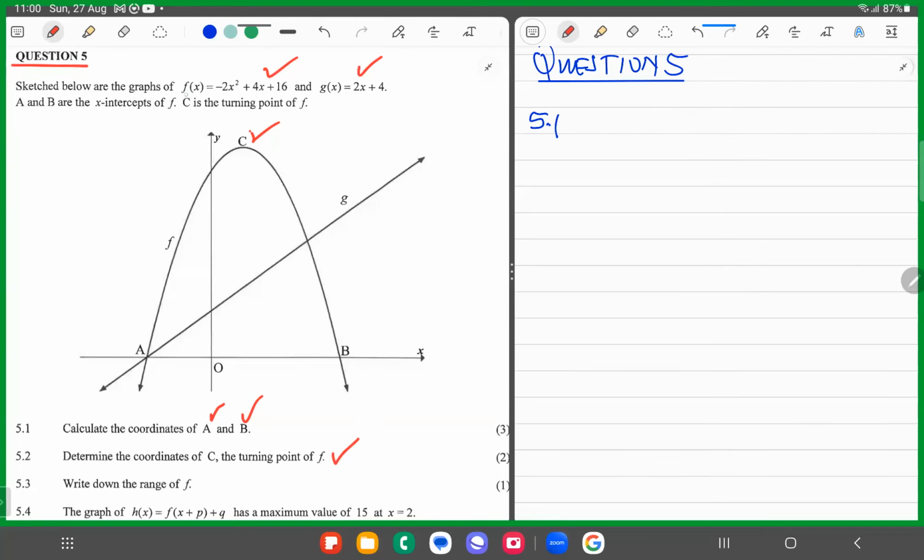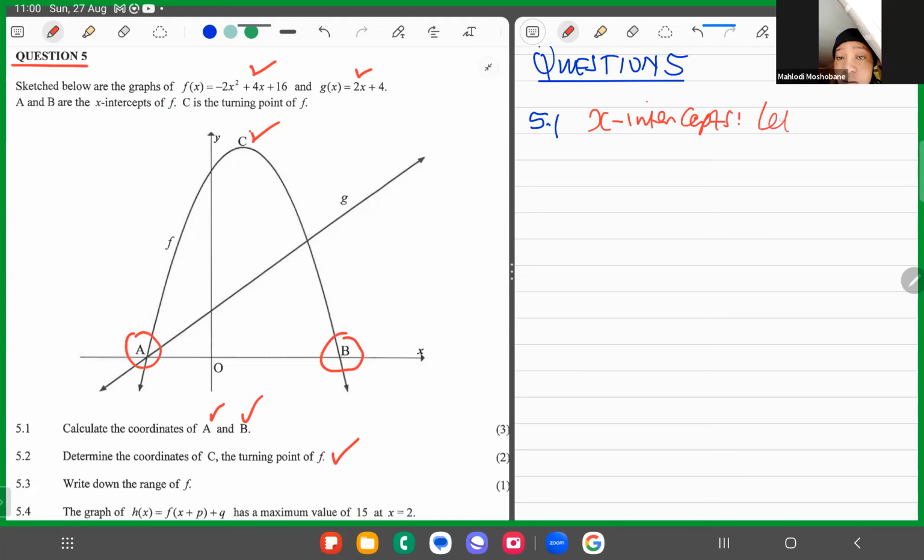All right, now sketched below are the graphs of the two functions f and g. f is the quadratic function and g is the linear function 2x plus 4. We want to find the coordinates of A and B. A is here and B is there. These are the x-intercepts. To find the x-intercepts, you let y be 0.